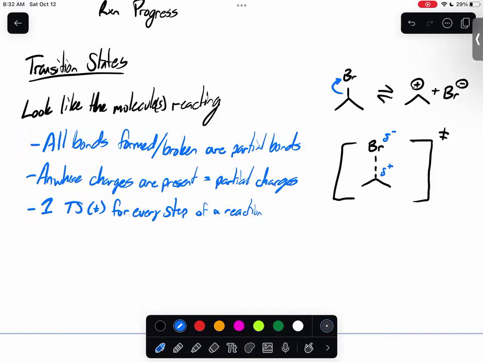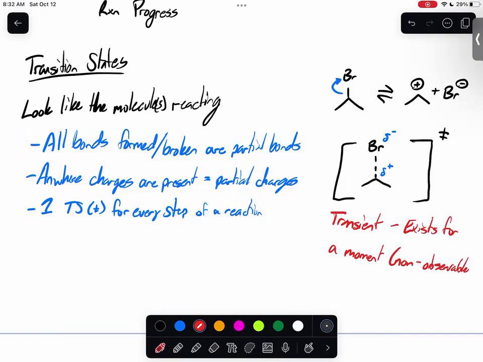And one thing to keep in mind about these is that we would call them transient. All right. And the word transient just means exists for a moment, but it is non-observable. Right.